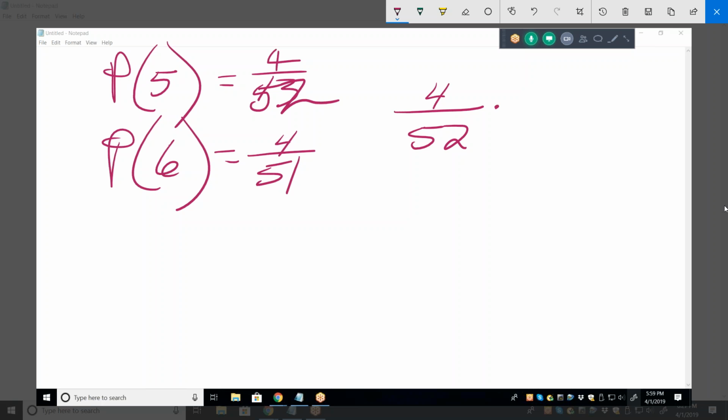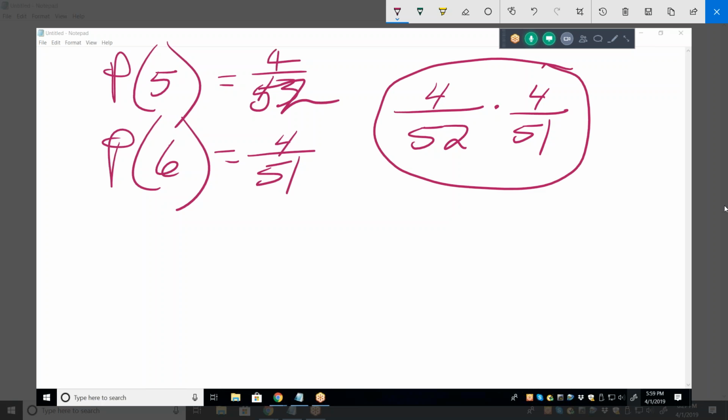Probability of the second card being a 6 is that. However, that is the probability of getting dealt specifically a 5 and then a 6. I'm not quite sure what the question asks, but if it asks what's the probability of ending up with a 5 and a 6 in your hand?